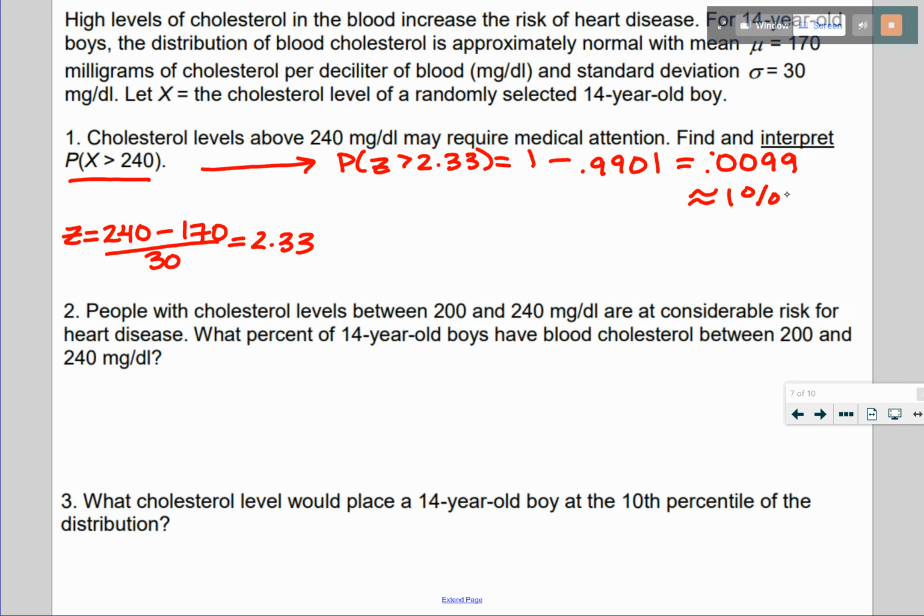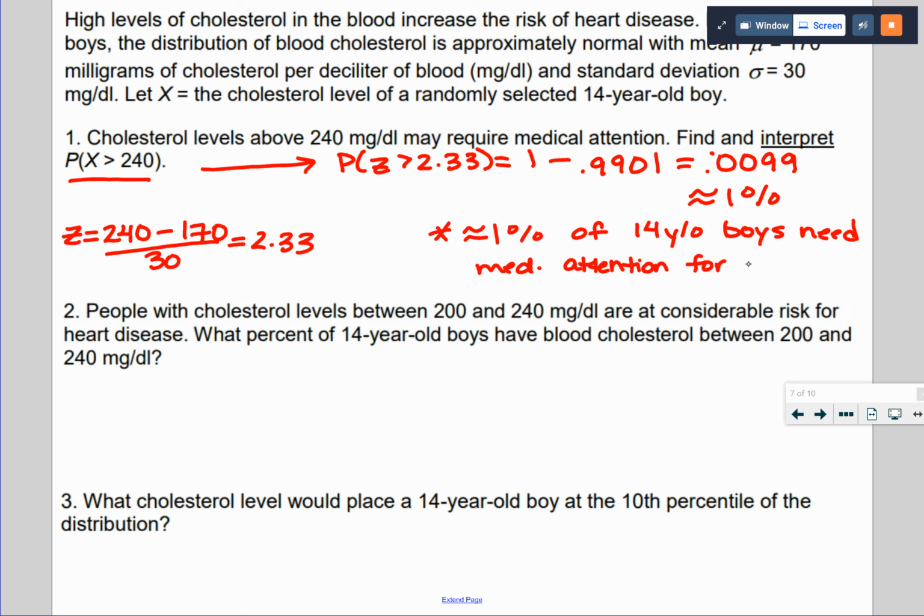So interpreting that, we could say about 1% of 14-year-old boys need medical attention for cholesterol. Those are the scores that are above 240.